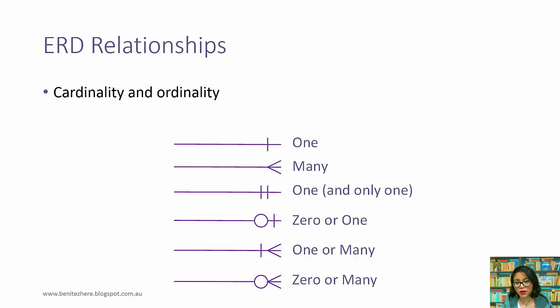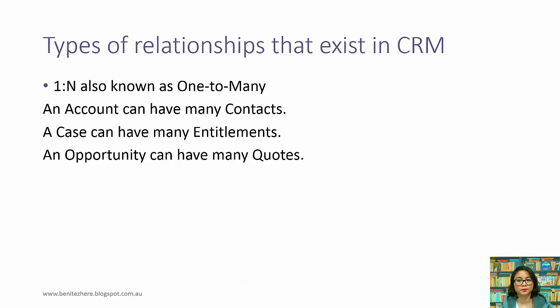I would say the last 4 in that list are relationships that someone might not know if they don't have an advanced knowledge of ERD, but the first 2, one and many, are at a basic level of ERD. I will be explaining how cardinality and ordinality work in terms of ERDs for CRM.